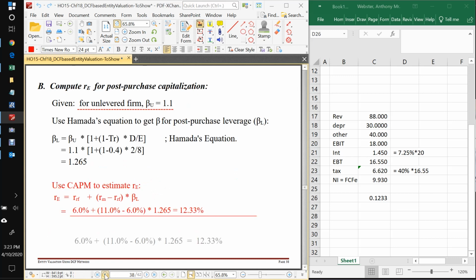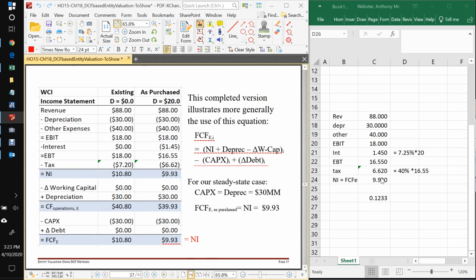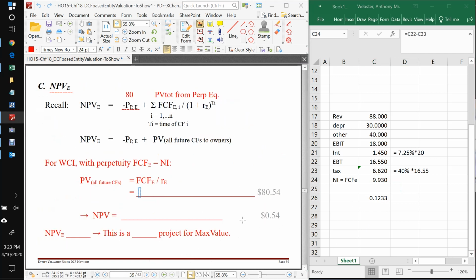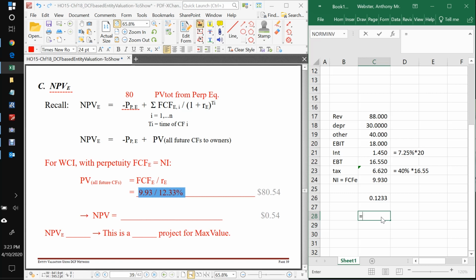Let's get that net income free cash flow number, which of course I don't remember, even though it was right here all along. All right, so I've got my 9.93, and that needs to be divided by 12.33%, and let's see what we get there. 80.54 to 2 decimal places.